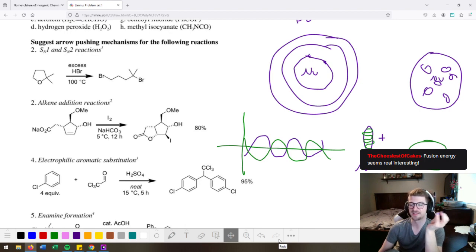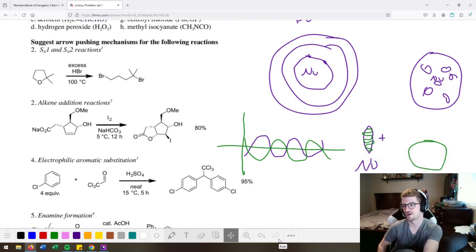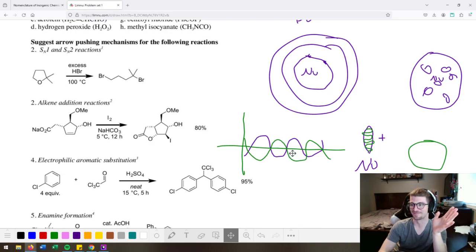One of the coolest presentations I ever gave in my undergrad was in analytical chemistry, where we were talking about the different methods of isolating compounds from a mixture, which sounds like a really boring topic, and it certainly could be.